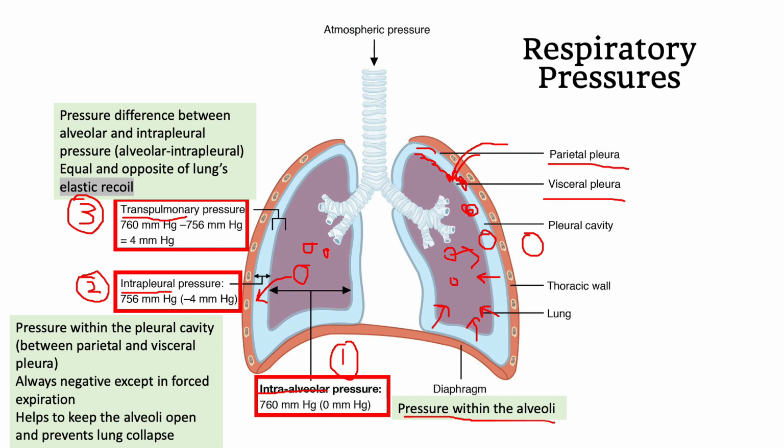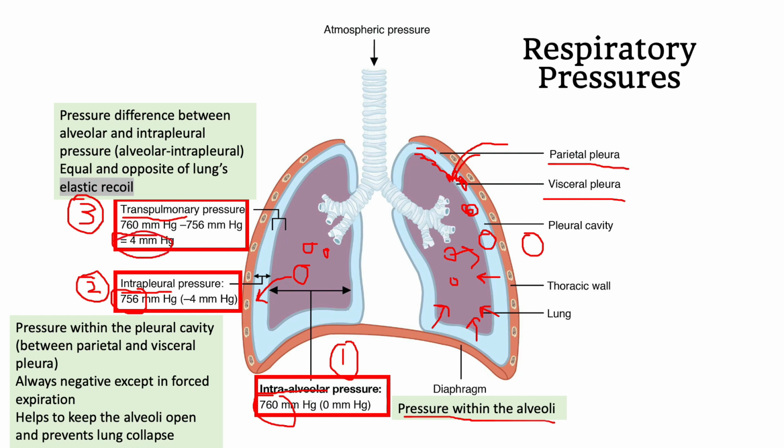Okay, so let's say the alveolar pressure is 760 and the intrapleural pressure is 756. When we calculate, the transpulmonary pressure would be 760 minus 756, so it will be 4 millimeters of mercury.